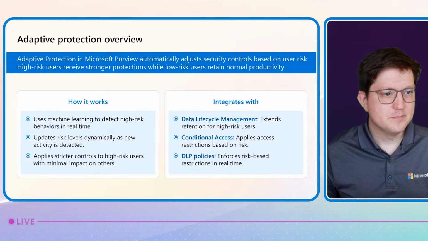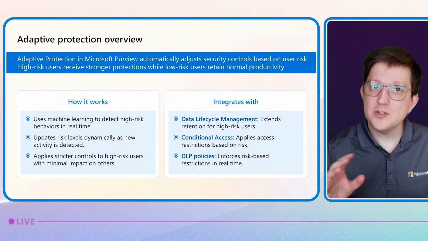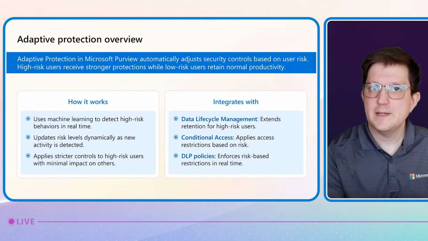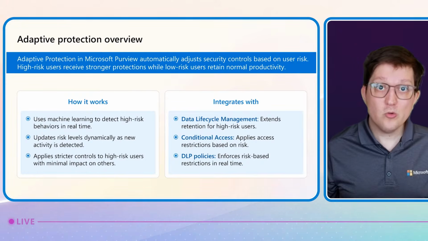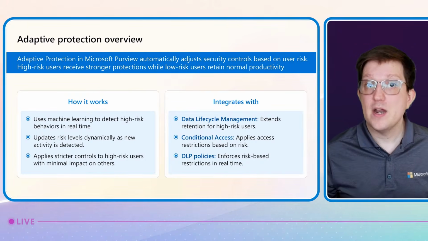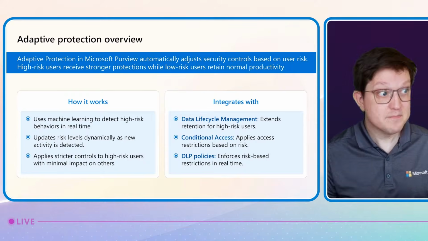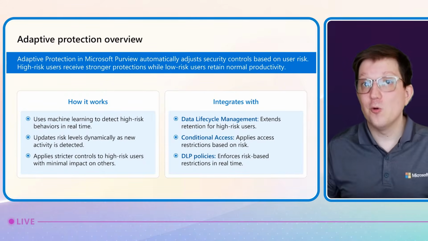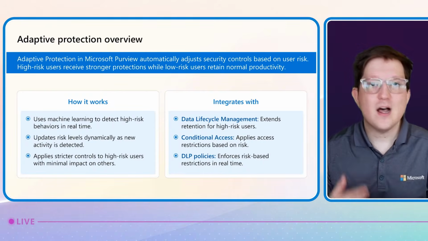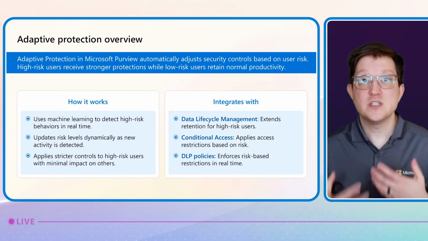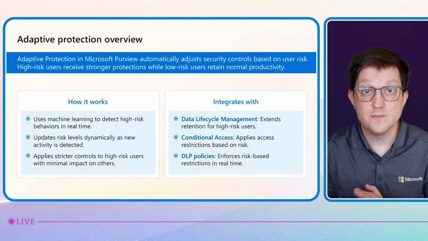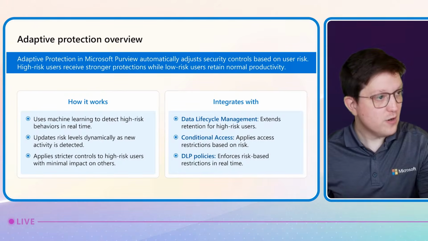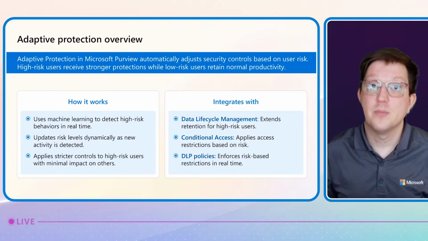All right. Now, we covered a little bit of adaptive protection earlier, from a DLP perspective specifically. But within IRM, there is also the components of that minor, moderate, and elevated risk level. In fact, this is where they get calculated. We use this as the origin for those signals. You should be treating IRM as the hub. It's the thing that we use to set the signal levels that we're going to use for both the data lifecycle management components in DLP and also over in the conditional access policies for the logging component.